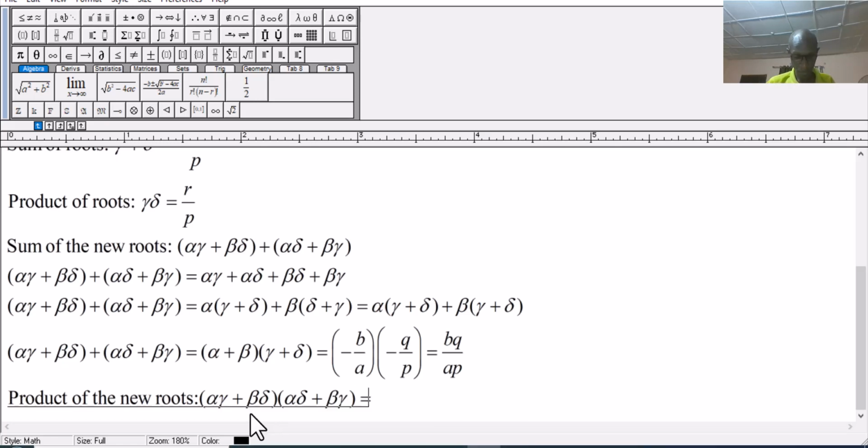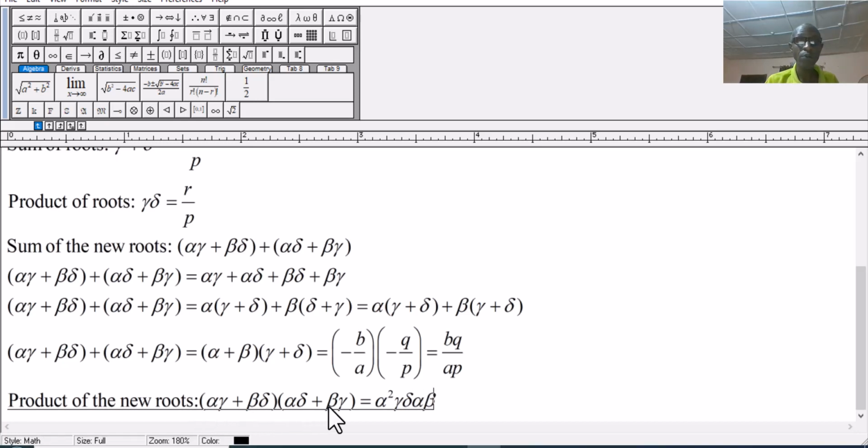So this will be alpha squared, then we have alpha beta gamma squared.